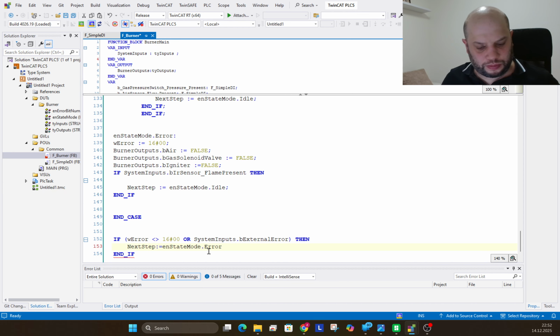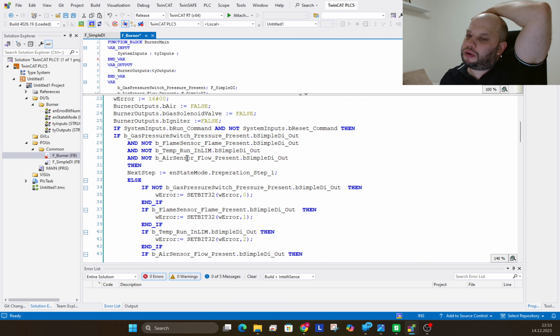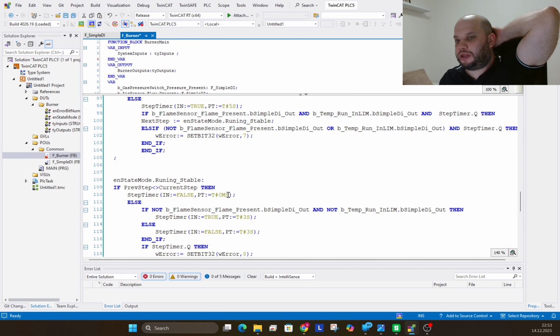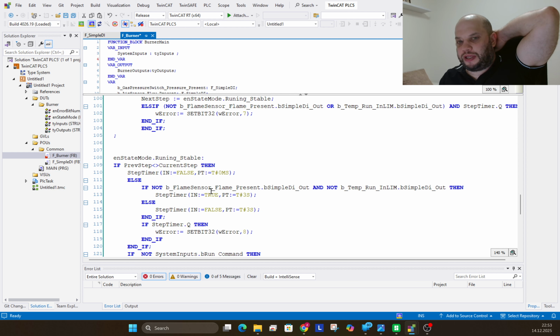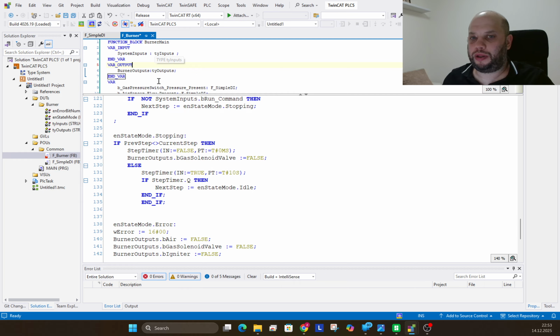So one more thing I want to add here somewhere in the program. So the program is doing some kind of activities, and if we switch off the operator switch on button, it will not switch off the system.